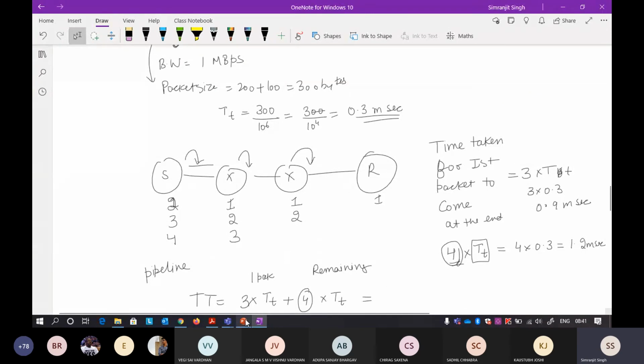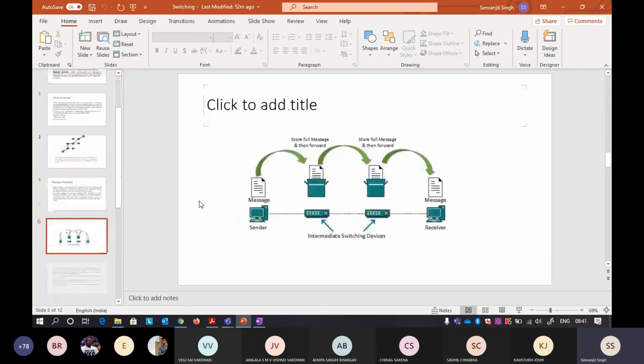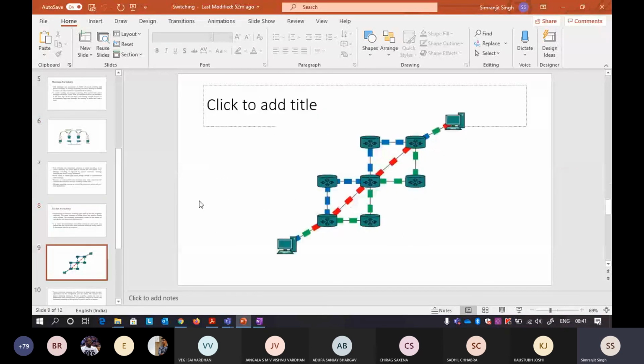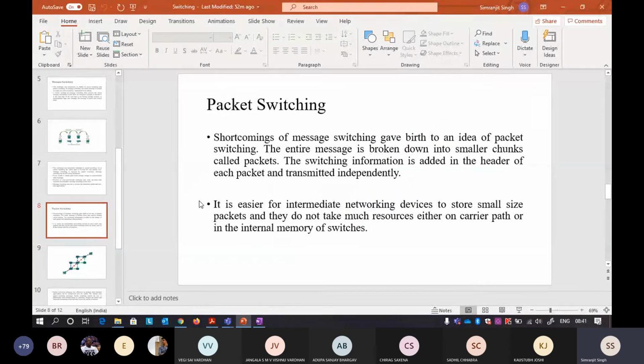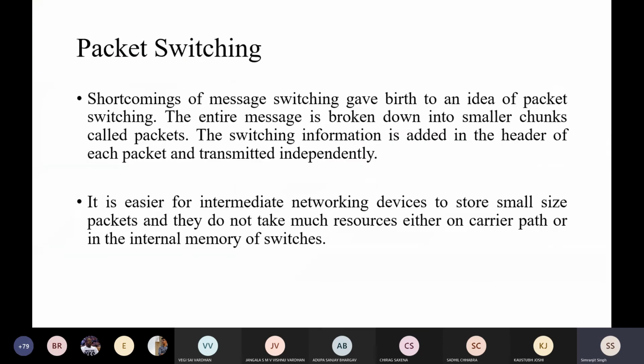Again, it is divided into two parts. So let me switch towards packet switching. Packet switching and message switching are very similar to each other; I'll tell you the difference also. Now in packet switching, there is something called store and forward, and the main feature of packet switching is that you can divide the message into smaller packets.